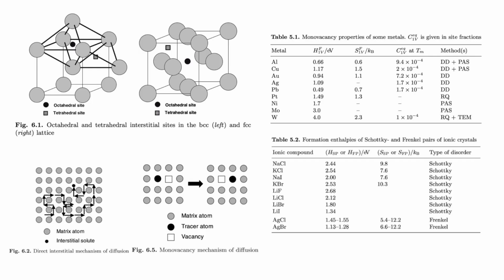But before we do that, let me show you a table. What does the result look like? So this is a table from one of the reference books that I put in the syllabus. This is how much energy it requires to create a single vacancy.